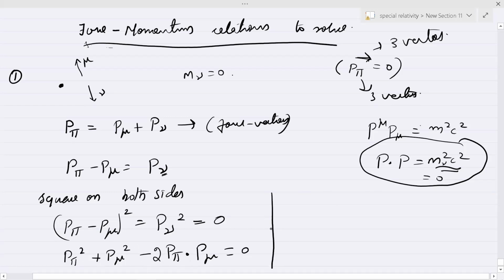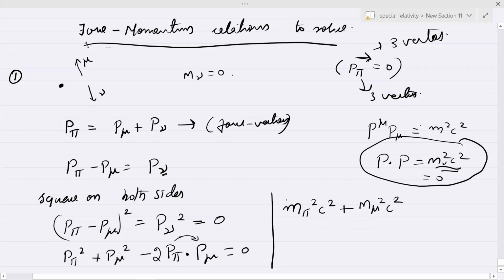And what's p pi square? Again, you use this relation. Yes, it is m pi square c square, and this is m mu square c square. And this is 2 p pi dot p mu.